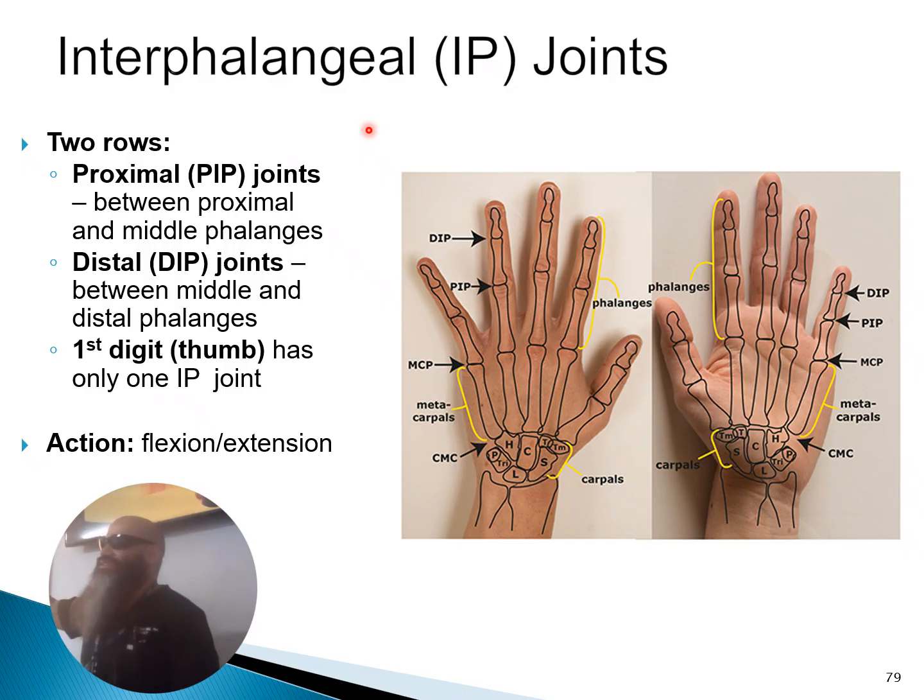It does flexion and extension, or if you're about to climb something. And then your DIP joint is like this one. Can anyone flex their DIP joint like that? Only the top.